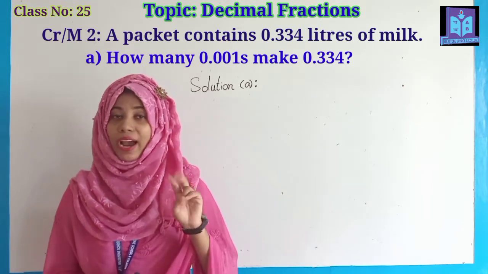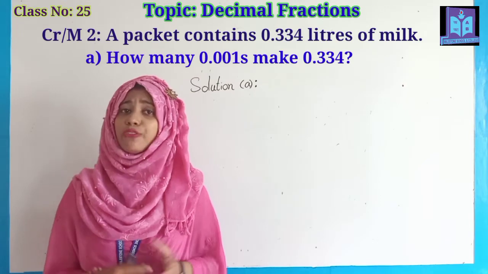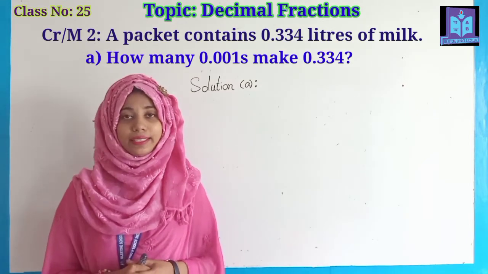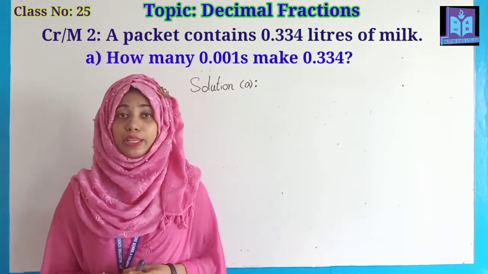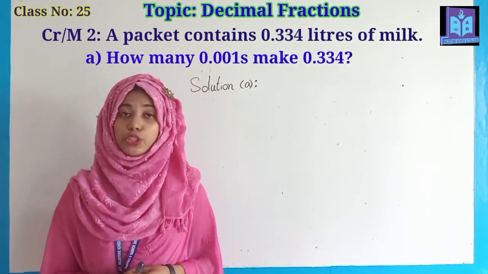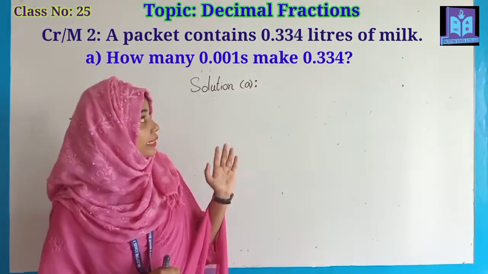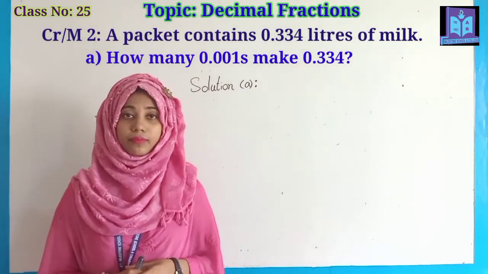Yes, 2 fives make 10. How can you find out this 2? Yes, by division. You divide 10 by 5 and get 2. A similar process you can use for solving question A.